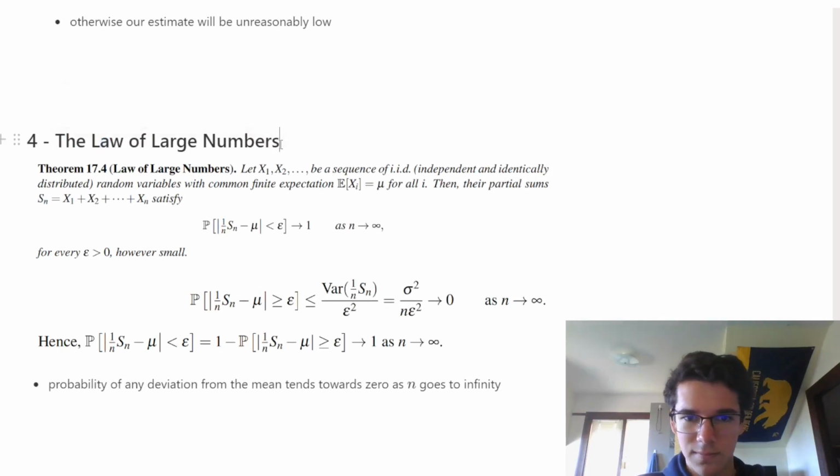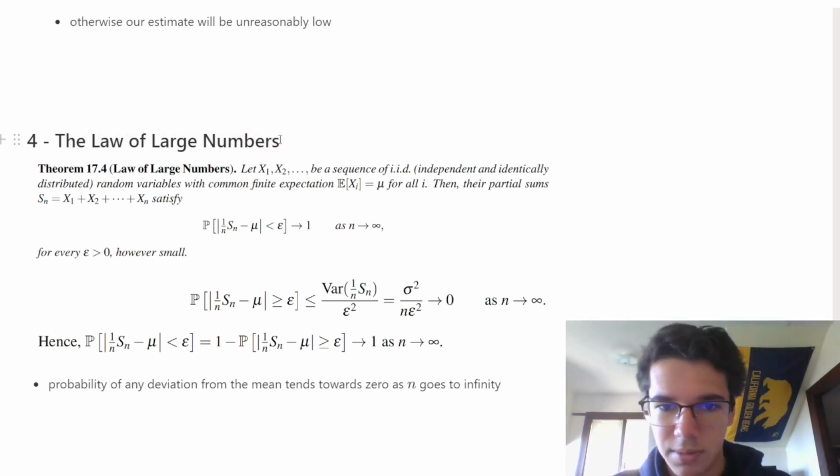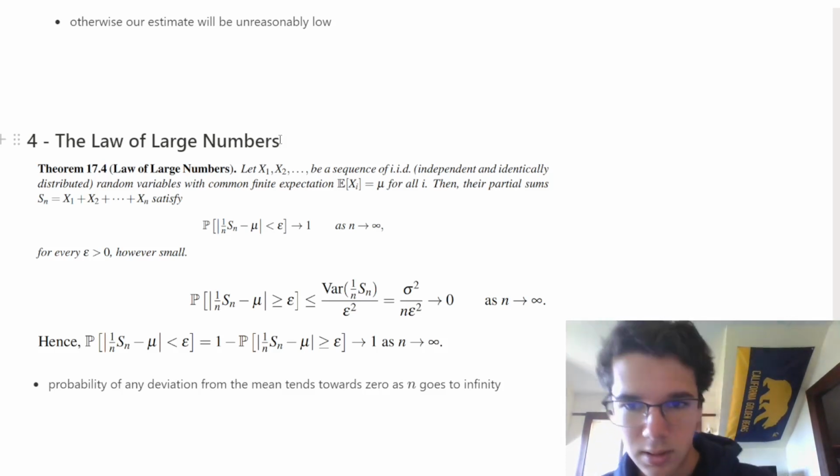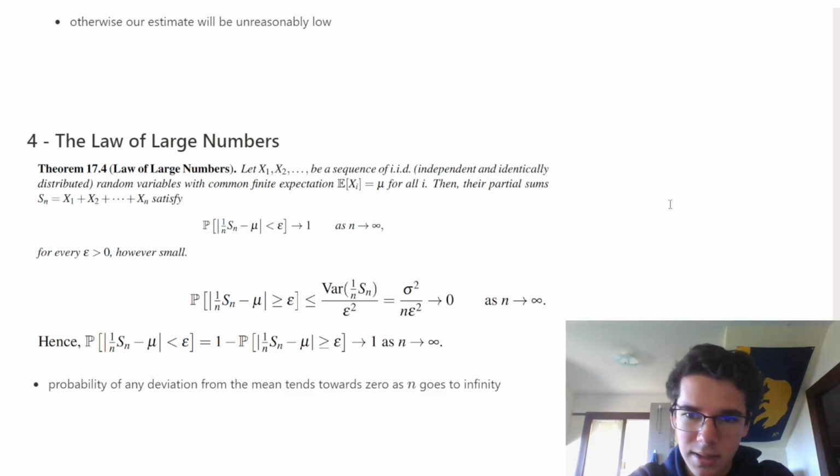Lastly, we're going to look at the law of large numbers pretty briefly. So what it says is we're going to have a bunch of indicator random variables. Actually, not necessarily. They're independent and identically distributed random variables with common finite expectation mu.